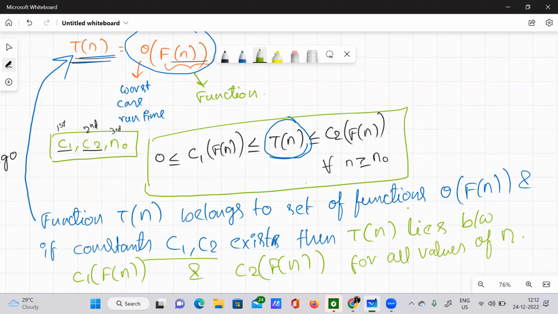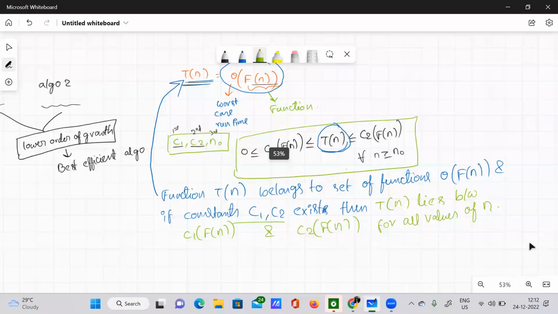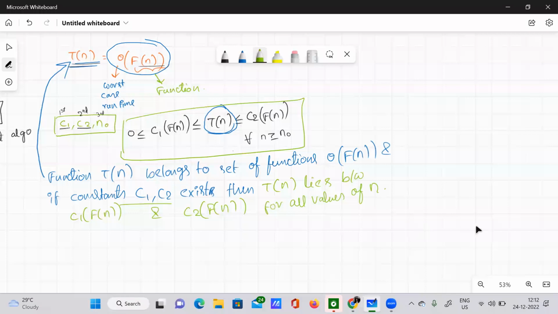If this condition is true, then we can say f of n, that is our function, is an asymptotically tight bound for T of n. So this would be our condition here.